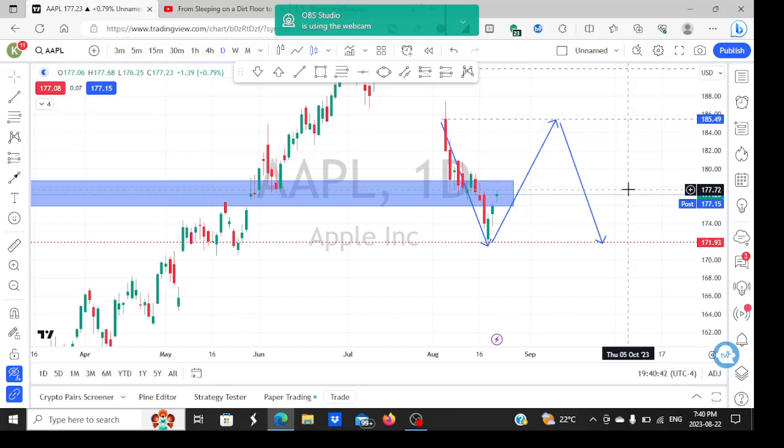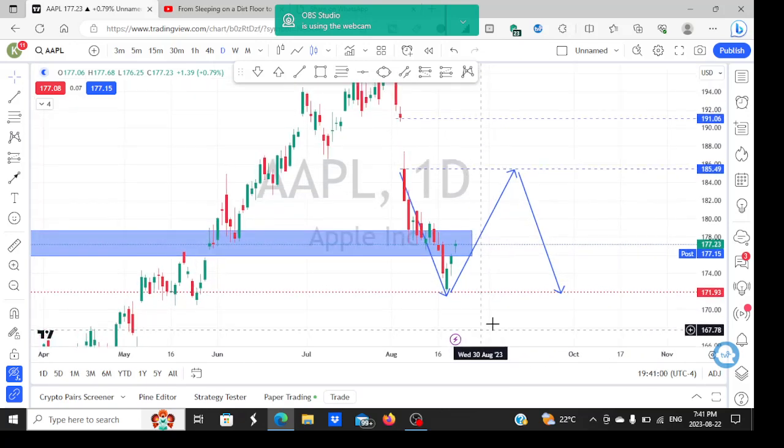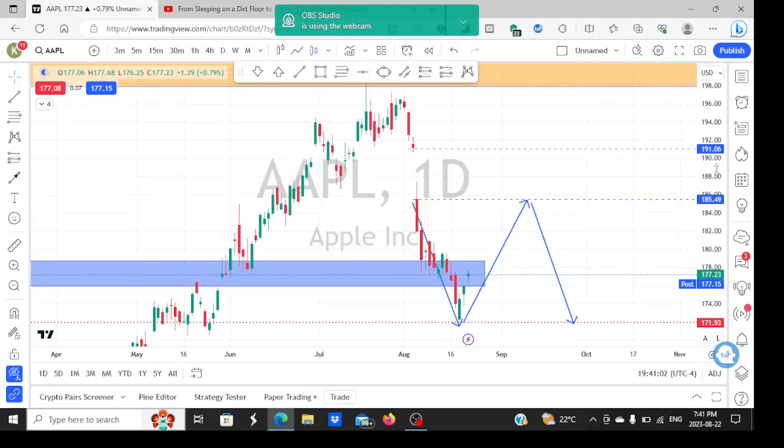But for now, we are looking to see if it's going to be strong enough to go up all the way to this gap, and then grab some sell orders and come back down to 170, 171. So that is our analysis on Apple.